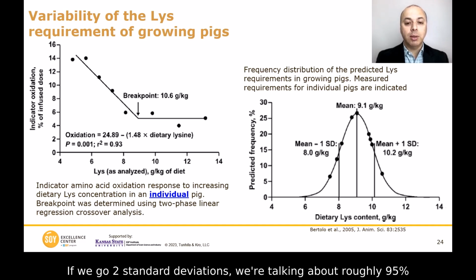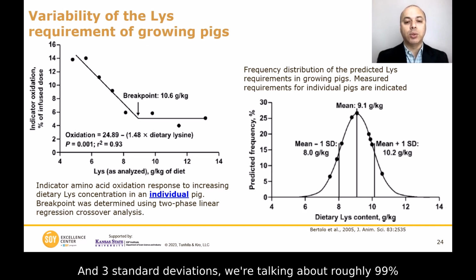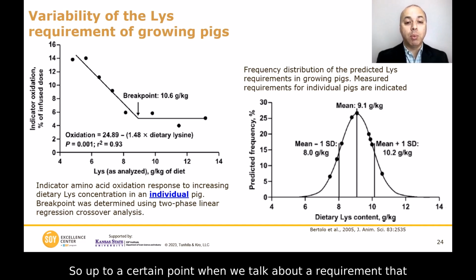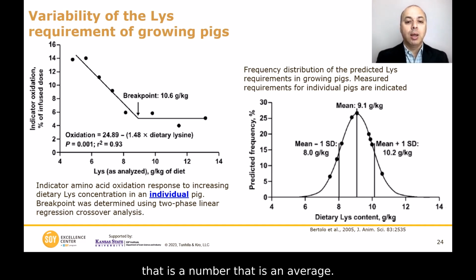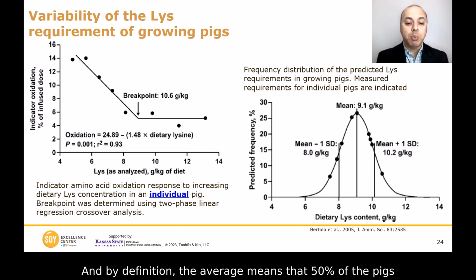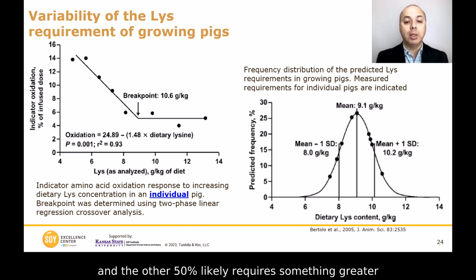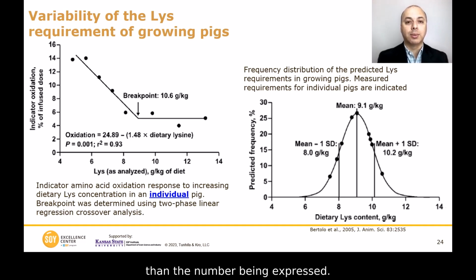If we go 2 standard deviations, we're talking about roughly 95% of the data, and 3 standard deviations, roughly 99% of the data. So when we talk about a requirement that is given, for example, by the NRC, that is a number that is an average. And by definition, the average means that 50% of the pigs will be covered with that nutrient requirement, and the other 50% likely requires something greater than the number being expressed.